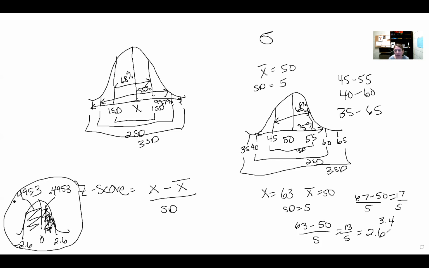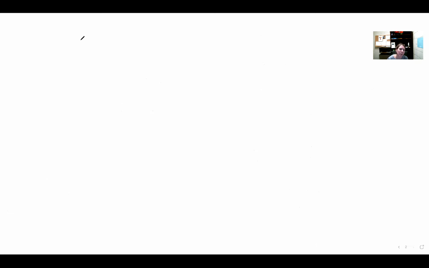Now, what I want to show you guys is how do we find z-scores between something. Let's find the z-score of 1.32. I want to find between negative 1.4 and 1.5.